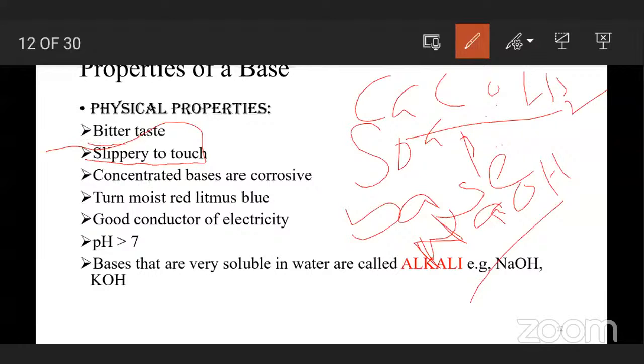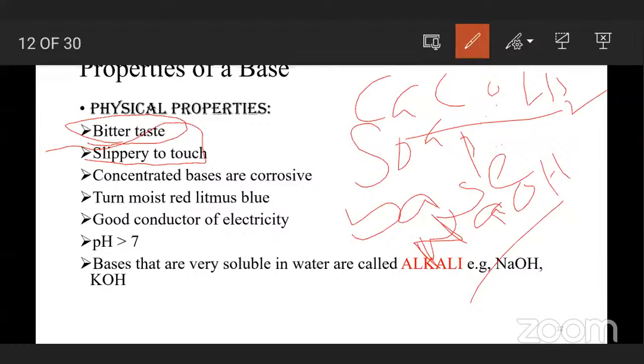The other physical property a base may have is a bitter taste. Not everything that has a bitter taste is a base, but a base should have a bitter taste. That doesn't mean that you should start tasting anything you see on site. That can be very, very poisonous, so you don't just taste them.